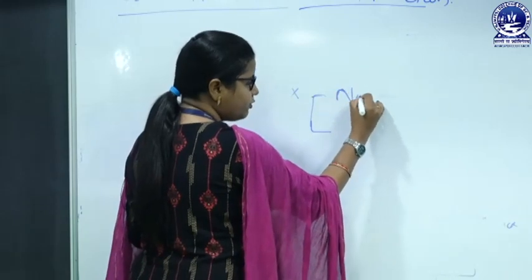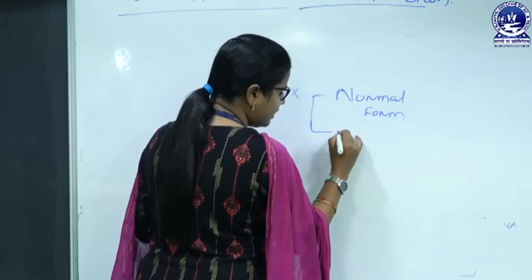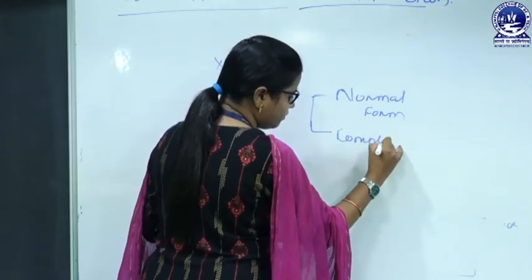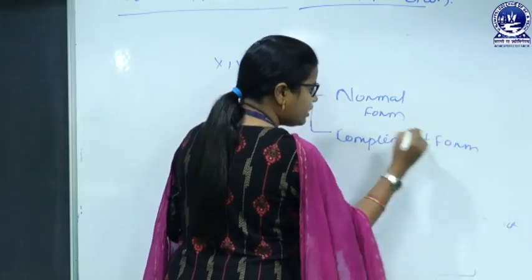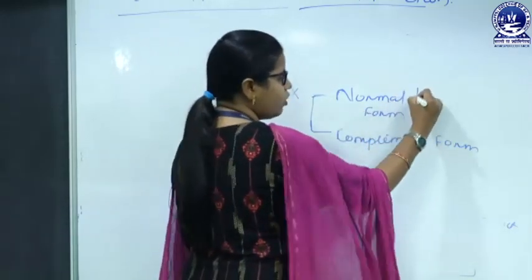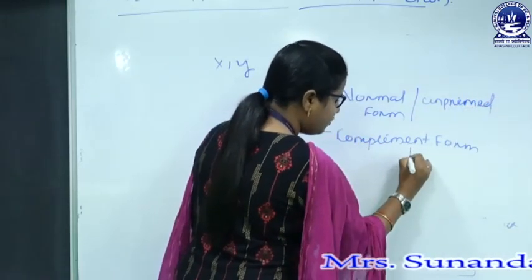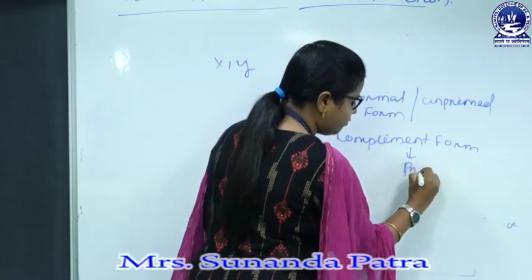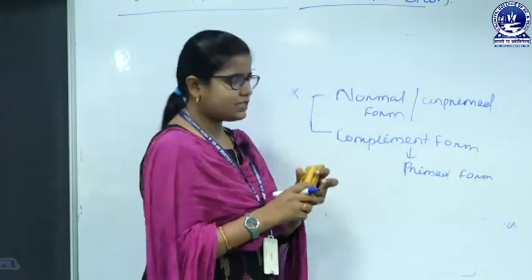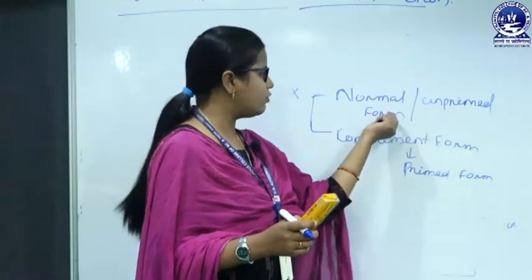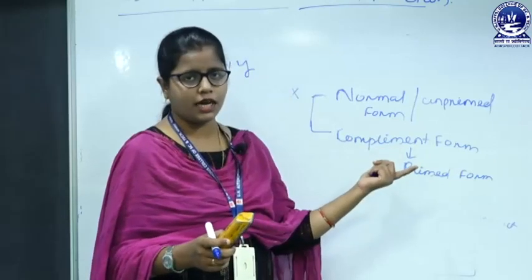First one is the normal form and second one is the complement form. The normal form is called the unprimed form, and the complement form is known as the prime form. We have to remember this. Unprimed means we have the normal form, and prime means we have the complement form.